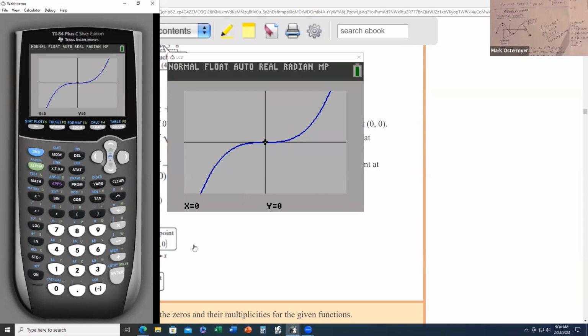Okay, so we can see the graph does go through the origin, and it would have to go through the point (0,0) since x is raised to the 3rd power, an odd power.